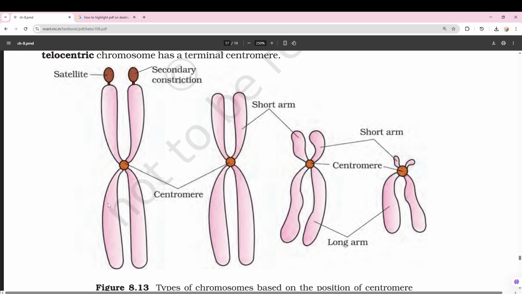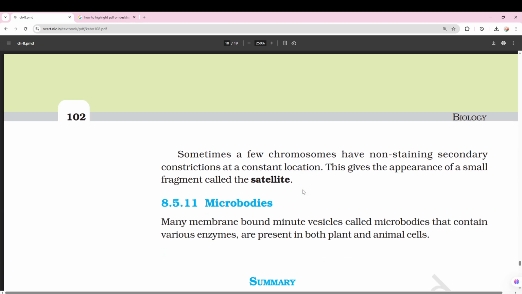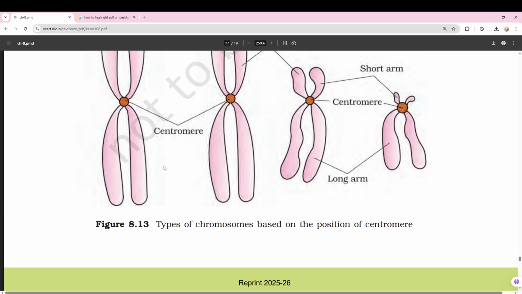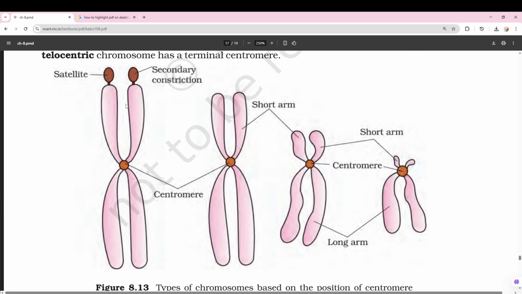The centromere is slightly moving towards the upper side of the arms. Sometimes a few chromosomes have non-staining secondary constrictions at a constant location. This gives the appearance of a small fragment called the satellite. This is the satellite.